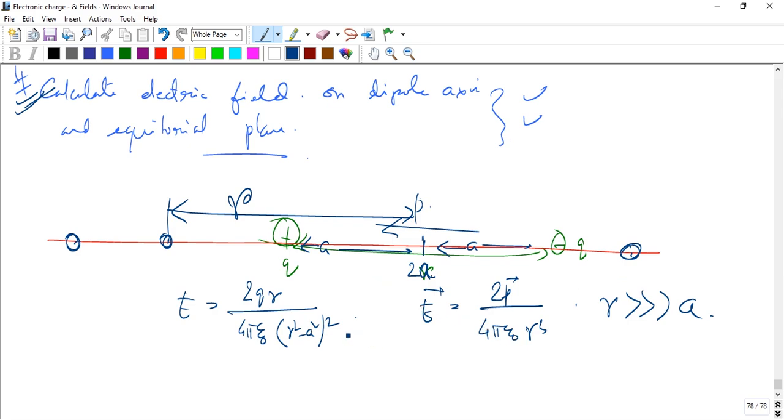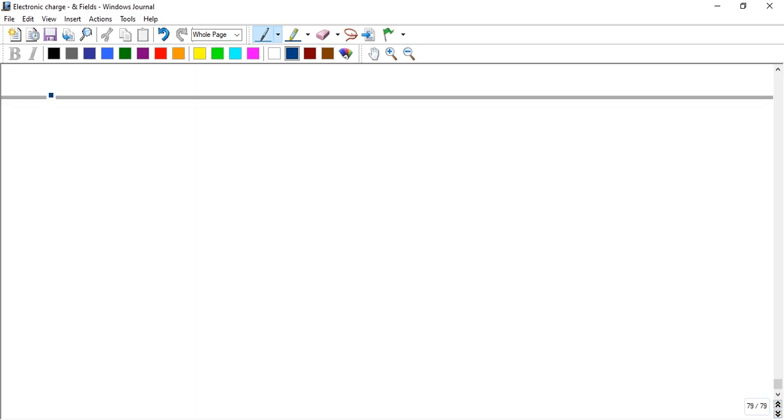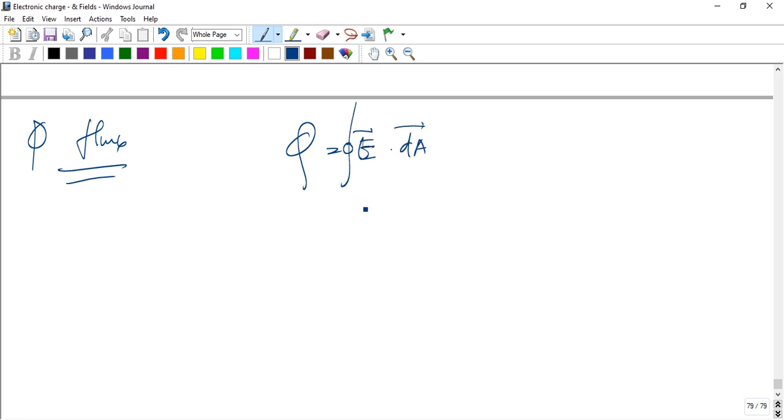Now another discussion is electric flux. That's very important in Gauss's law. What is flux? Flux is the number of electric field lines crossing per unit surface area. That is the integration of E dot dA, which we indicate as the electric flux.